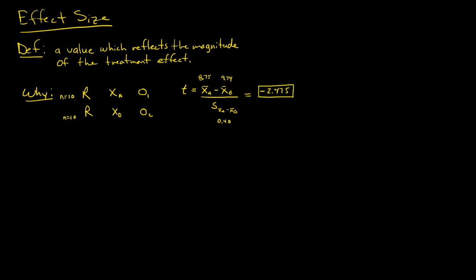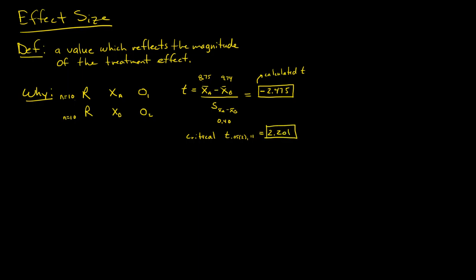Now, if you recall the general steps to null hypothesis significance testing, we called this our calculated t, and we had to compare that to our critical t, which we looked up from a t table. In this example, at 0.05, two-tailed, with degrees of freedom, or nu, of 11, you get 2.201.